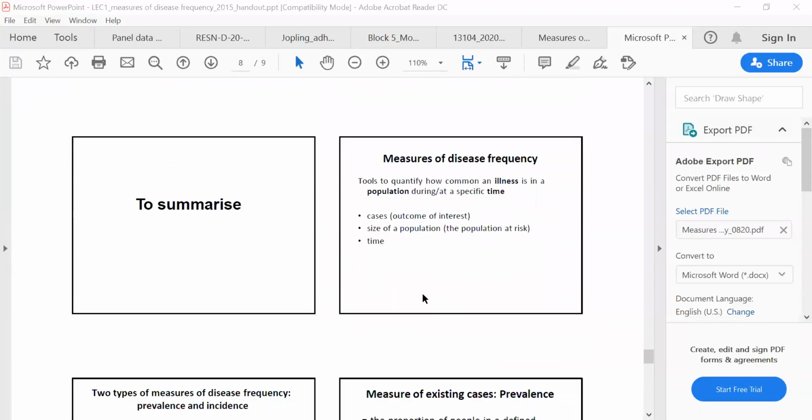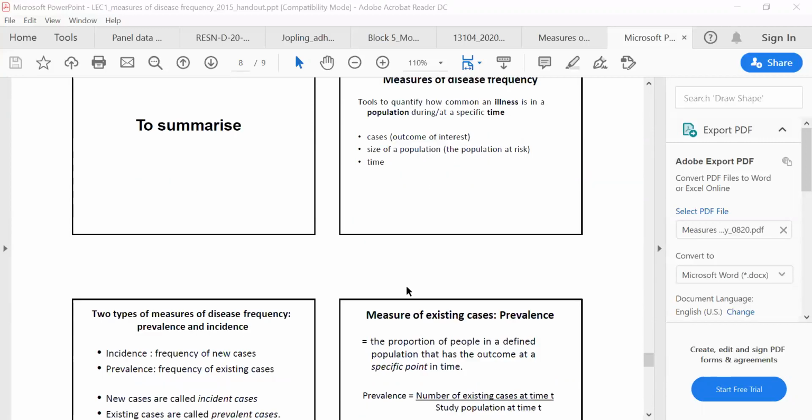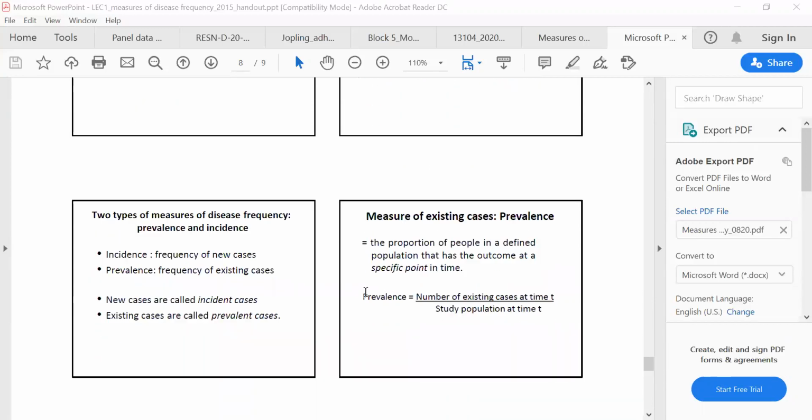So just to summarize, remember what we discussed: what are these measures of disease frequency? We use those to quantify how common an illness is in a population over a specific period of time. And for these values to make sense, you need to make sure our outcome of interest is very clear. We have our population, and we have time.